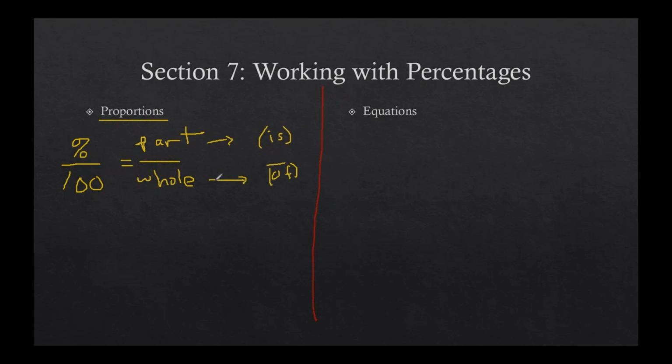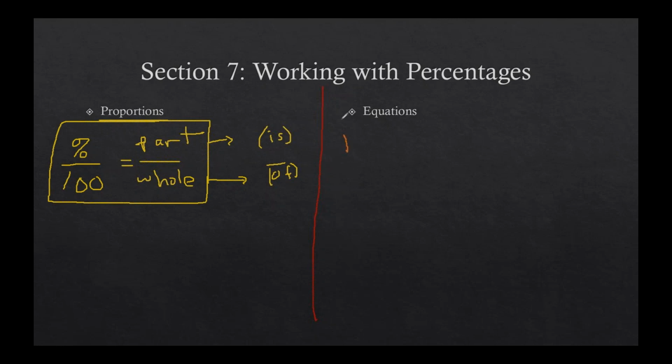And you're going to see this in the next slide, that when you see a number that follows the word is, that's the part. The of represents the whole. And again, that will make sense here in just a minute. But there's your basic idea of setup with proportions. With equations, you have to take an English sentence and turn it into a math sentence.